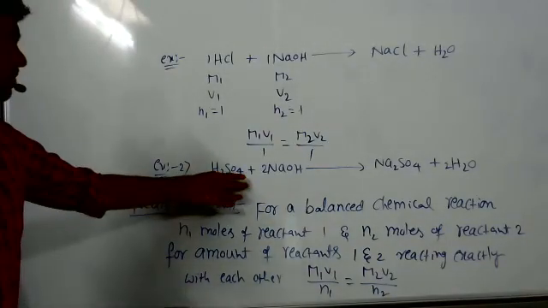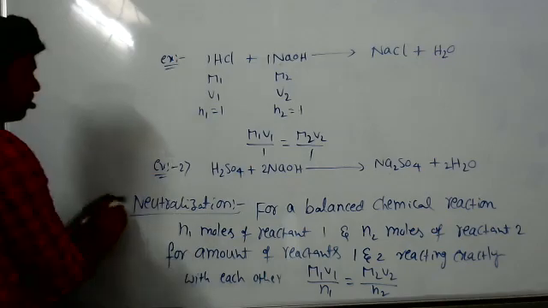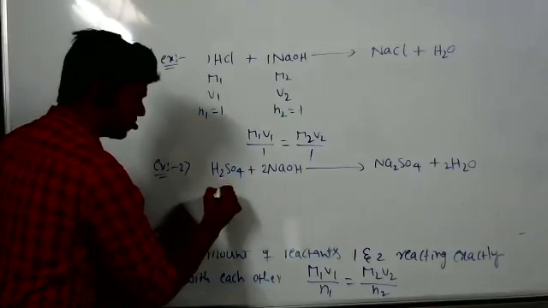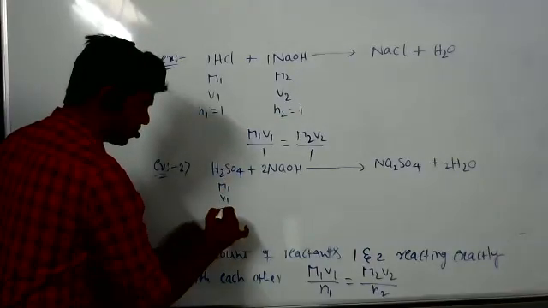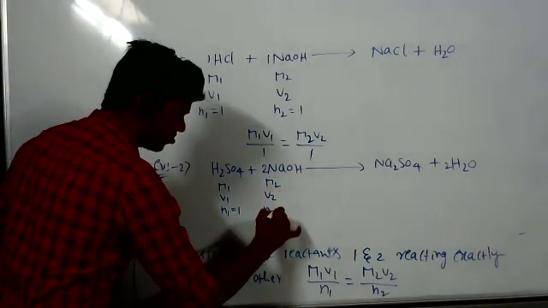So apply it for this one, H2SO4 and NaOH. Your formula: molarity M1, volume V1, N1 equal to 1; M2, V2, N2 equal to 2.